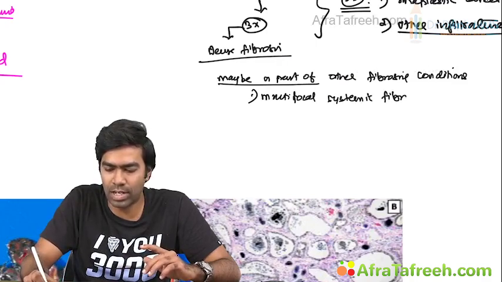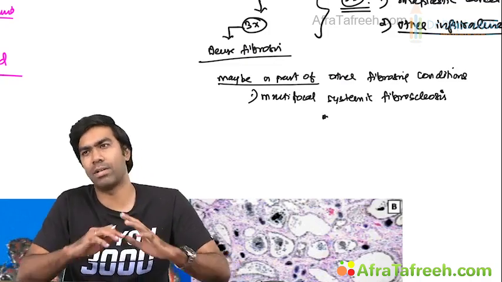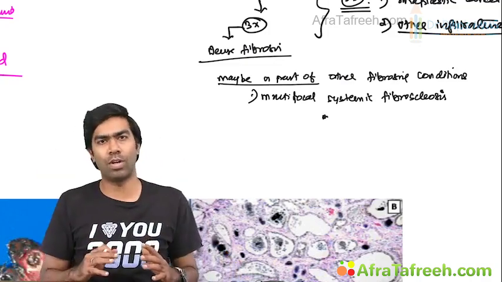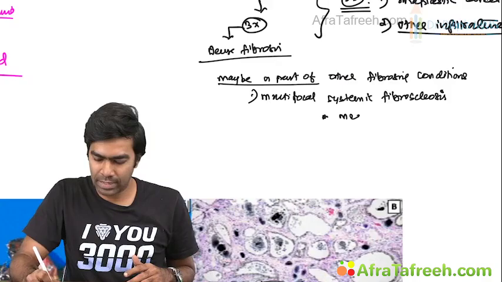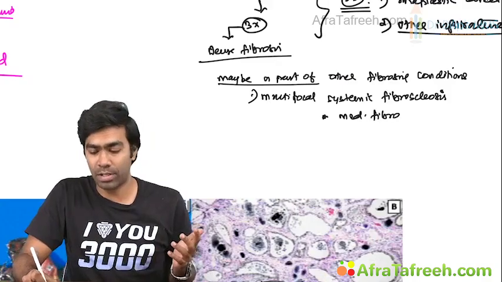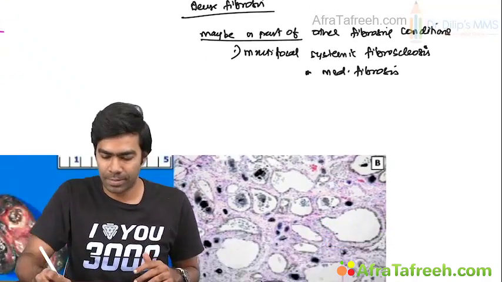This is a fibrosing condition of multiple areas in the body. This is an idiopathic condition. We don't know why it's happening, but many different areas in the body will go for fibrosis. For example, they can go for mediastinal fibrosis. Riedel thyroiditis may be one among the fibrosing conditions seen in this disease.